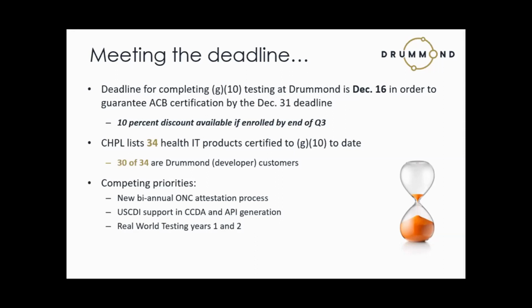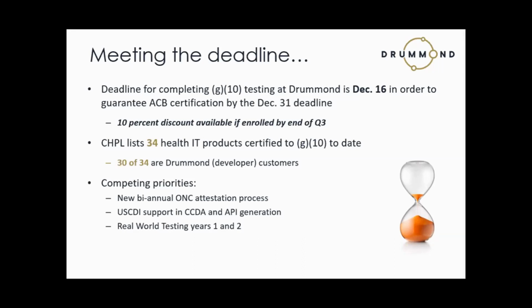All the while, I think it's important to note, as your guide getting you through ONC certification and compliance activities, that this October there's another round of the biannual ONC attestations that's due. Underneath the technical hood, in addition to developing APIs, you're incorporating USCDI. Also, as you well know, this is real world testing year one. You're in the field, you're getting your test results and all of that data to prepare for the real world test results report that's due at the beginning of Q1 of 2023.